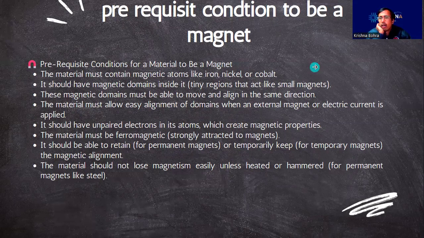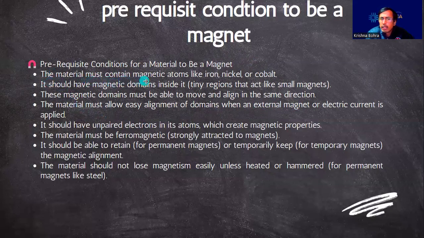Some substances have unpaired electrons, and these have rotation and spin. Due to that, they form a magnetic domain. And this part is important: if the alignment of these magnetic domains is in a specific way, as we have seen in the case of a magnet, then only the substance or object will be a magnet. So these are the prerequisite conditions.